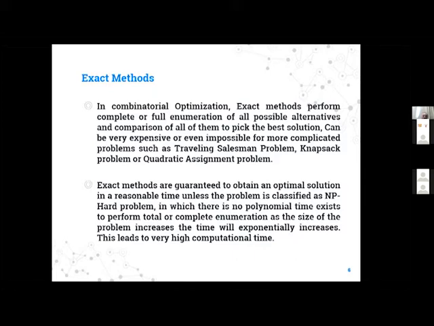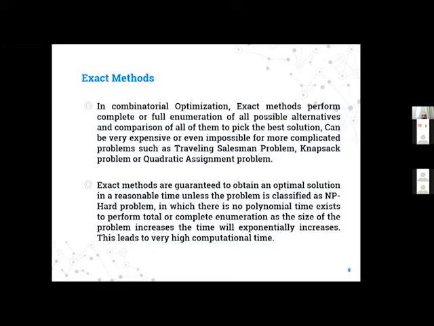Exact methods are guaranteed to obtain an optimal solution in a reasonable time unless the problem is classified as an NP-hard problem. This is the main merit of using exact methods, which is guaranteed obtaining of the optimal solution. However, it is not guaranteed that it will be obtained within a suitable time.